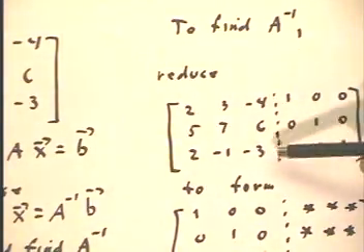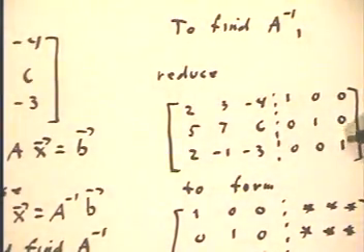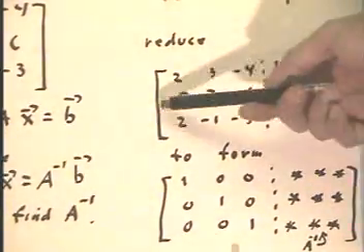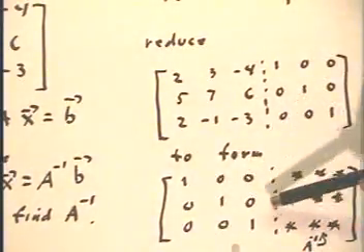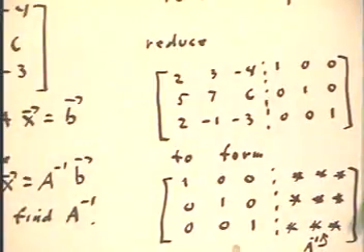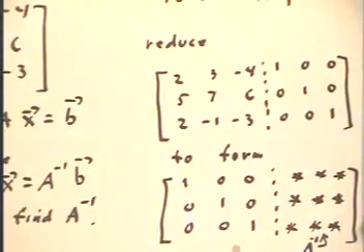If we do that, if we reduce this using those operations to the identity, then what we're going to get over here is going to be the inverse. So we say that we reduce this matrix to this form with the identity over here, and I'm just putting asterisks to stand for numbers over here. We don't know what the numbers are going to be, but it'll be this form. We'll have 3 rows of 3 numbers. And this matrix we're going to call A inverse.